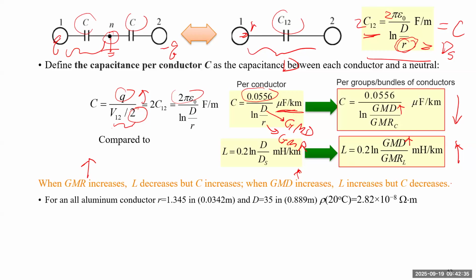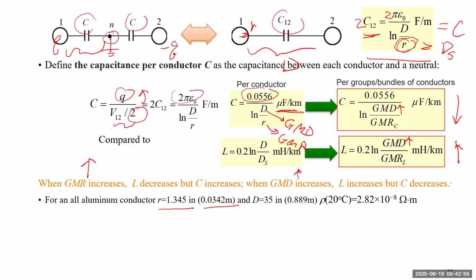So let's do some calculation. Let's assume we have a conductor made of all aluminum. The radius is 1.3 inch, which is about 0.034 meter, about 3 centimeters. So about this big a size for a single conductor.